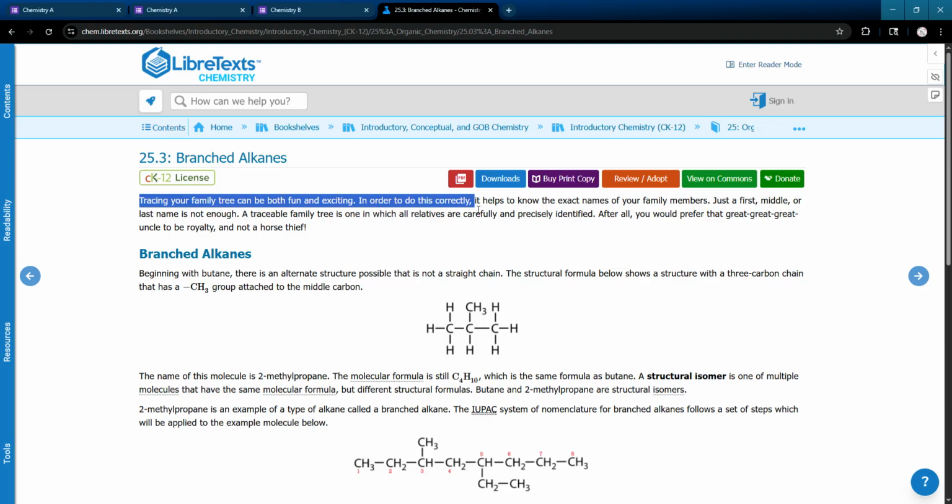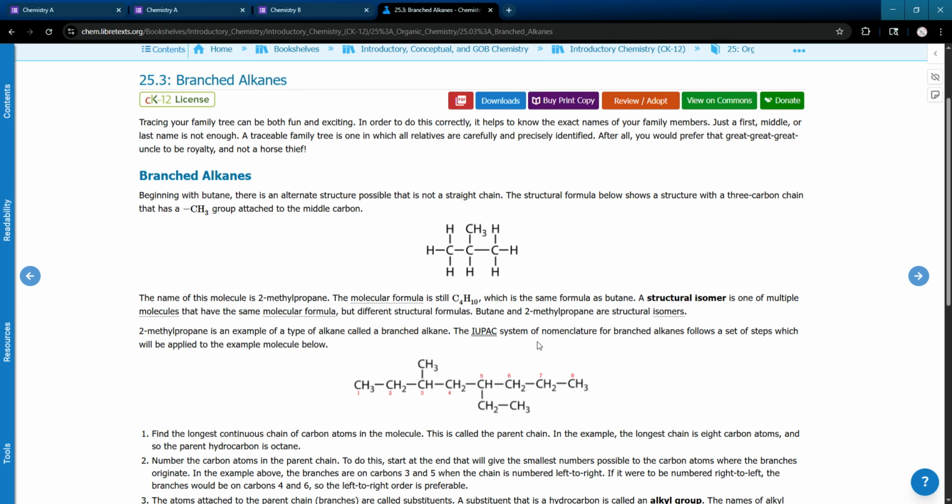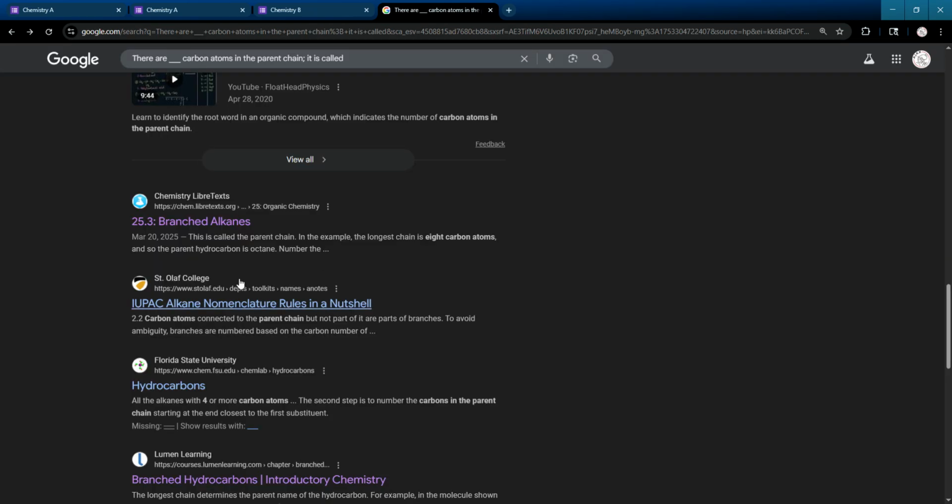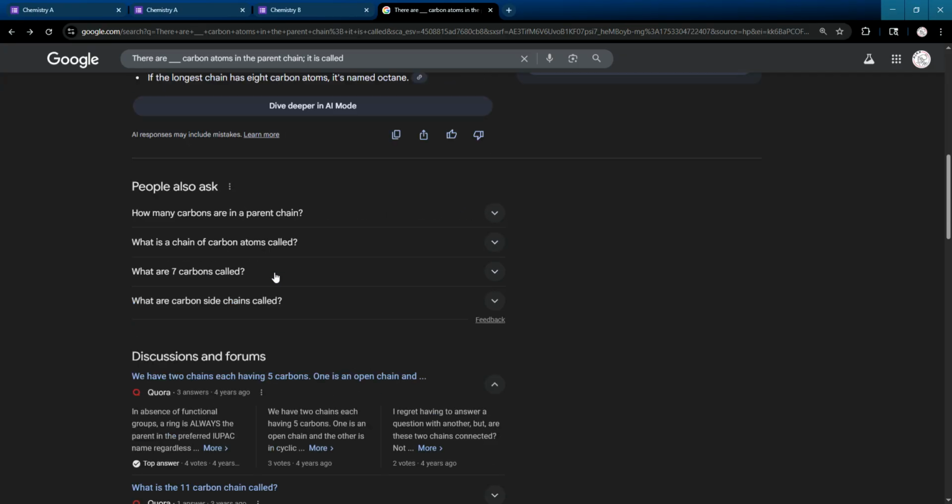In order to do this correctly, okay, so it's telling us branched alkanes, beginning with butanes. Interesting.